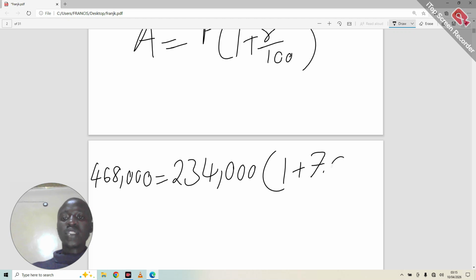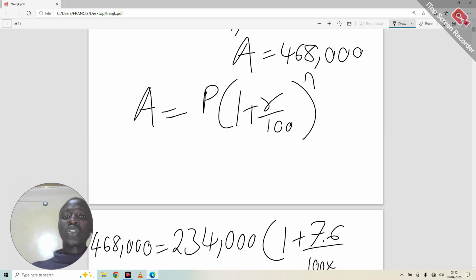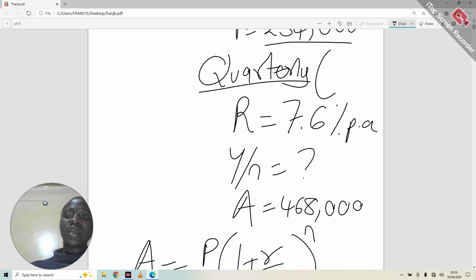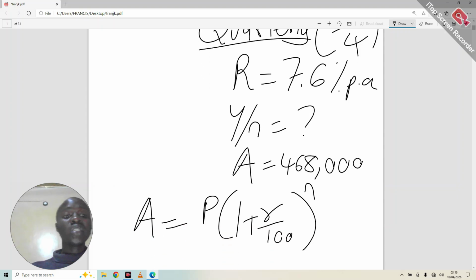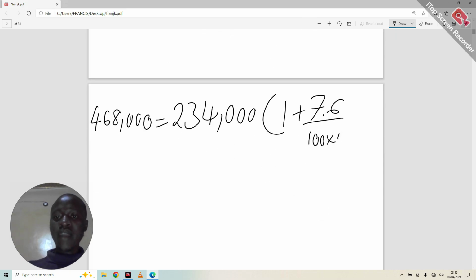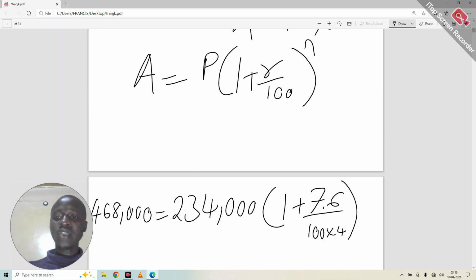Rate was 7.6 per annum, all over 100 multiplied by what? Remember, it was compounded quarterly. So we treat the denominator as a whole number, so you multiply by 4. Then they want us to get the number of years, so we take n times 4, which is the same as 4n.